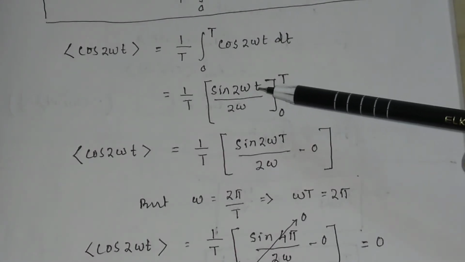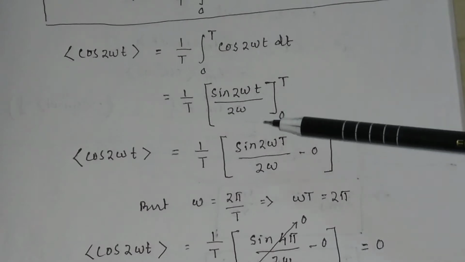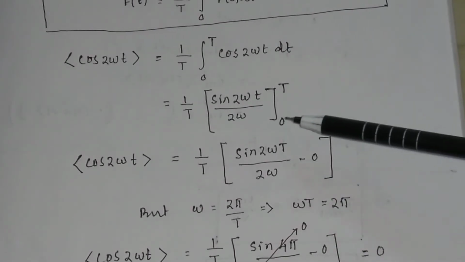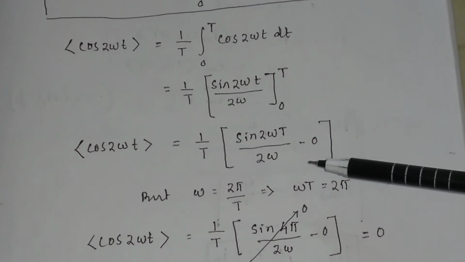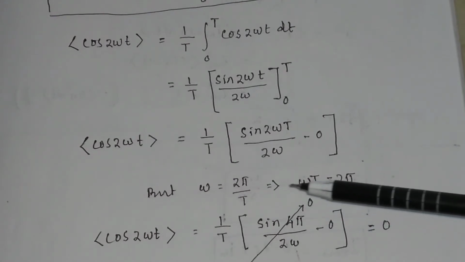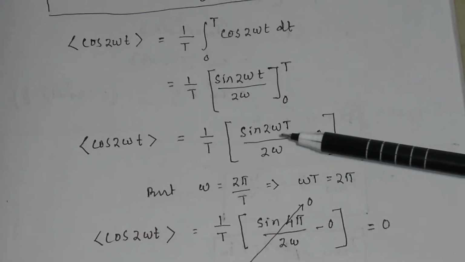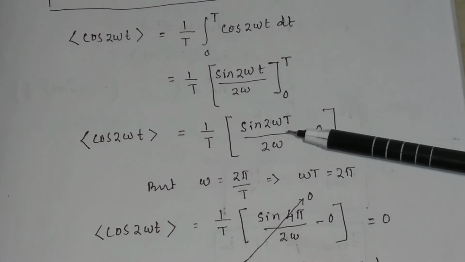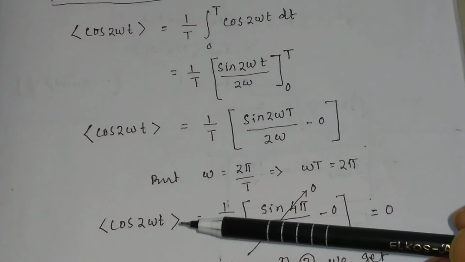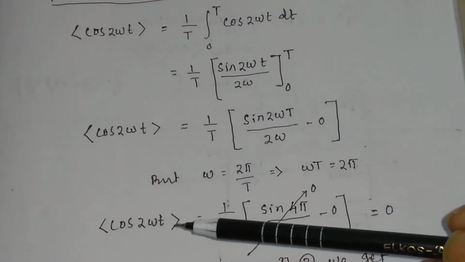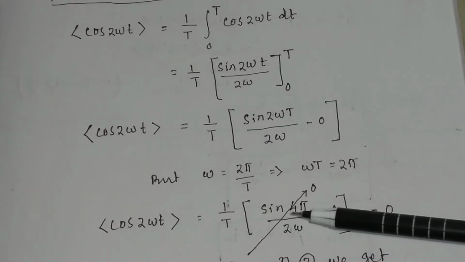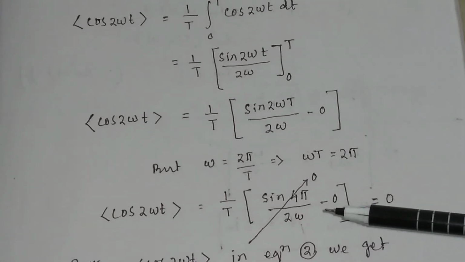If you substitute the value of T here, then it will be equal to sin 2 omega T divided by 2 omega minus sin 0, and sin 0 is equal to 0. But we know omega is equal to 2 pi by T, or omega T is equal to 2 pi. So if you substitute omega T equal to 2 pi here, this will be equal to sin 4 pi. So the average value of cos 2 omega t will be equal to 1 by T, sin 4 pi divided by 2 omega minus 0.